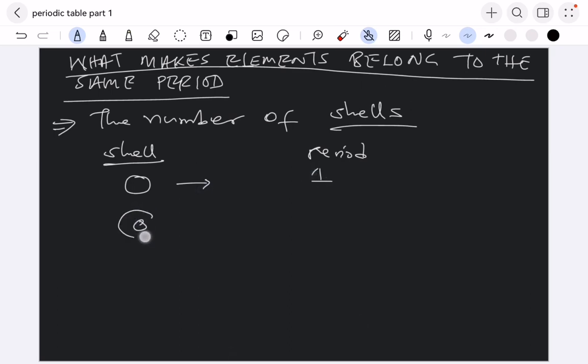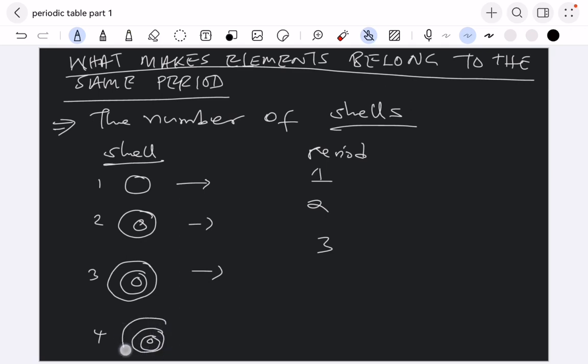If an element has got two shells, so this is one shell, two shells, then it means you belong to period 2. If you happen to have three shells, period 3, and if you have four shells, then you belong to period 4. So the number of shells decides the period to which a particular element belongs.